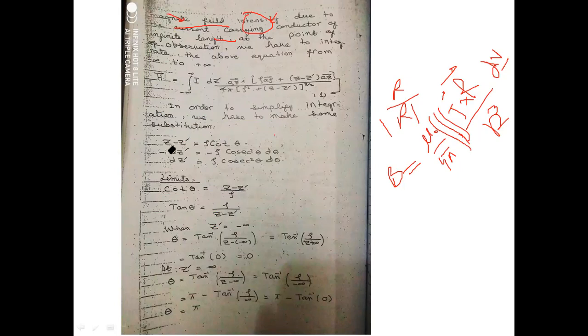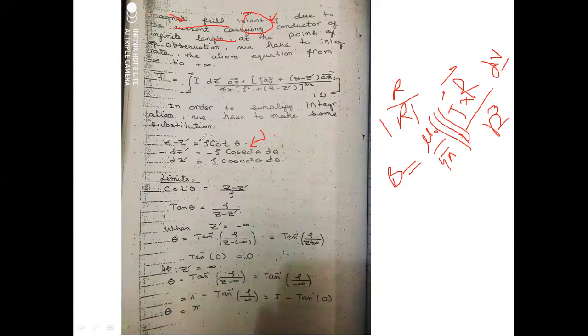For that purpose we have to substitute z minus z dash equal to rho cotangent theta, and similar substitutions have already been done in the previous lecture as well. So that is not much difficult.